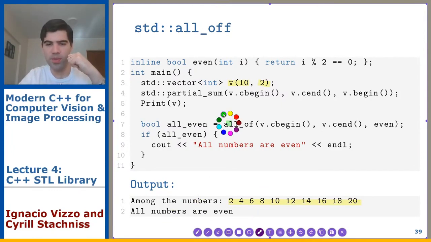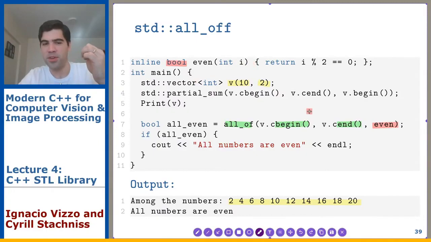And then we will be using this all_of algorithm. Again, the beginning and the end, and then the predicate. In this case, it's the even function that will tell me with a Boolean variable whether the number is even or not. If all are even, then we'll print that all numbers are even.